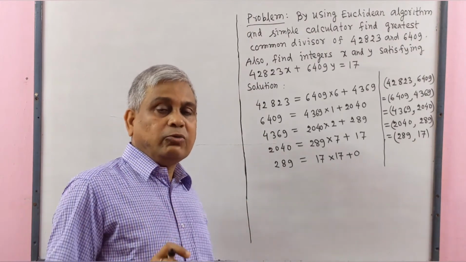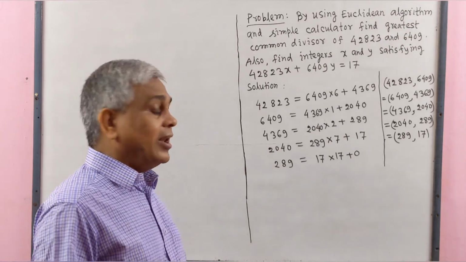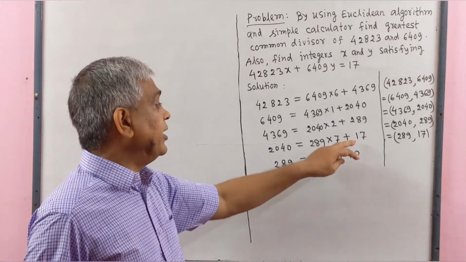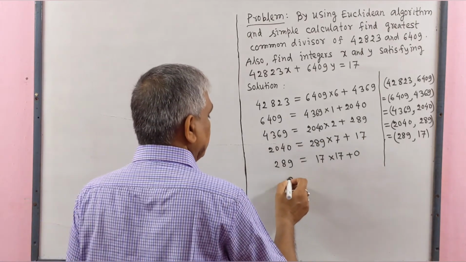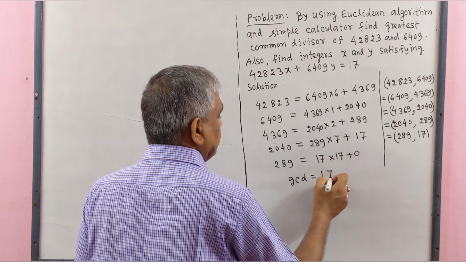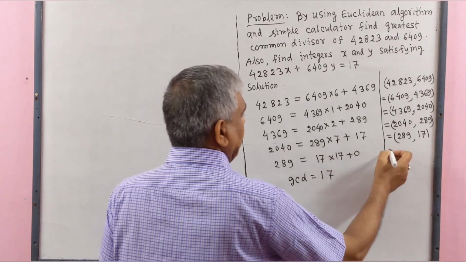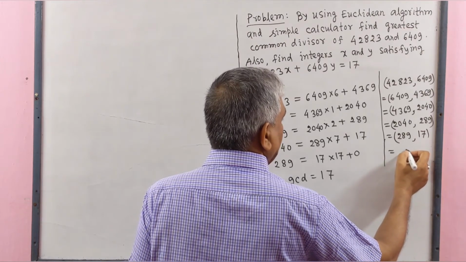Hence, according to the Euclidean algorithm, the last non-zero remainder is 17. Therefore, GCD equals 17.